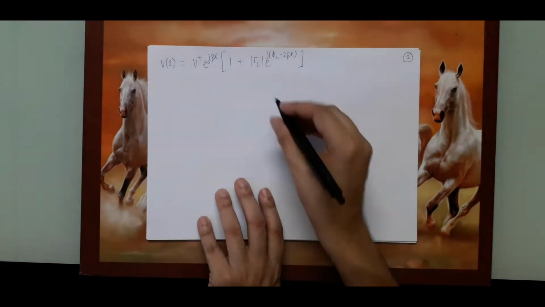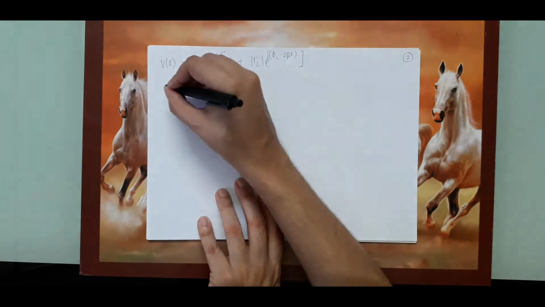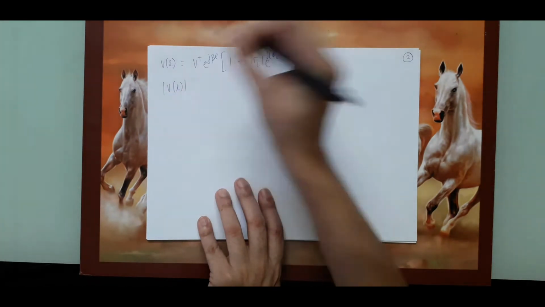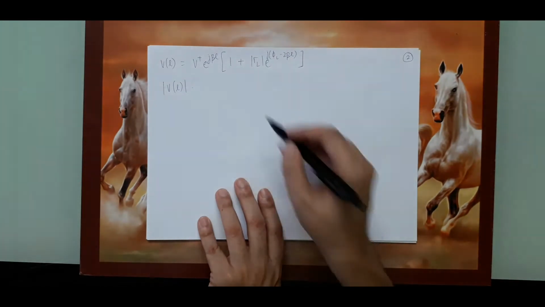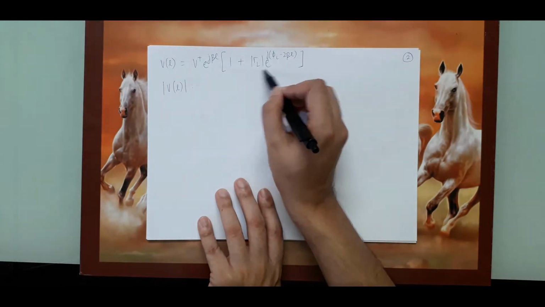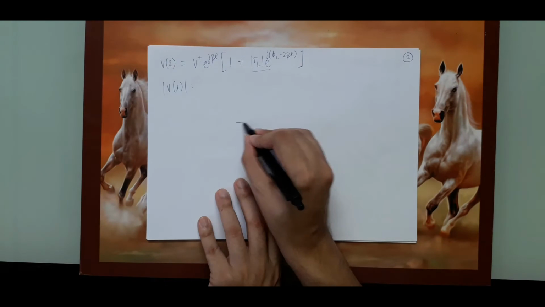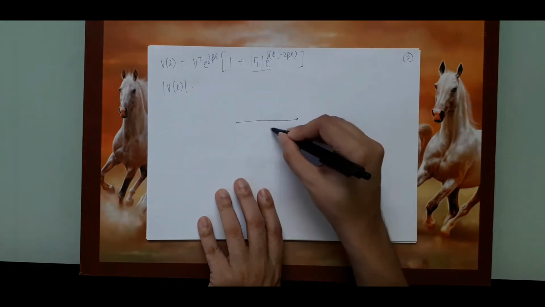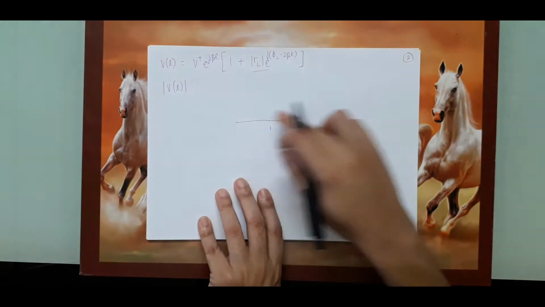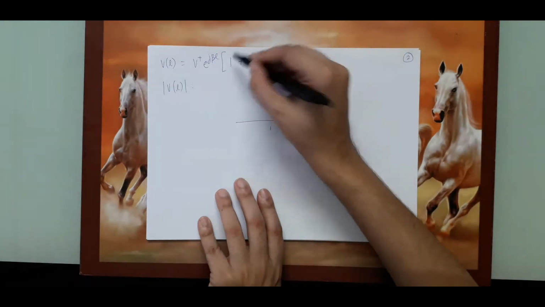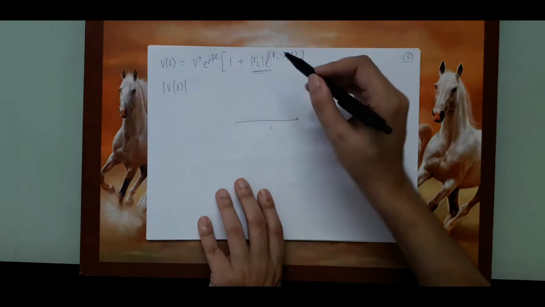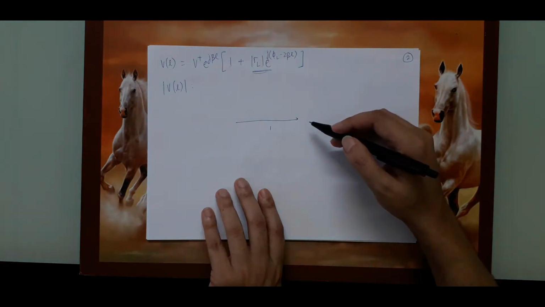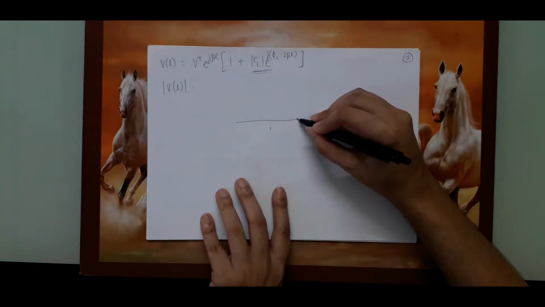We had proved that if you want to look at the voltage magnitude, you can treat this as a vector addition of this 1 and this complex exponential. So if this is the unit vector, it lies on the real axis because this is a purely real quantity, and this part, mod gamma L times e raised to j(phi L minus 2 beta L), indicates a circle.